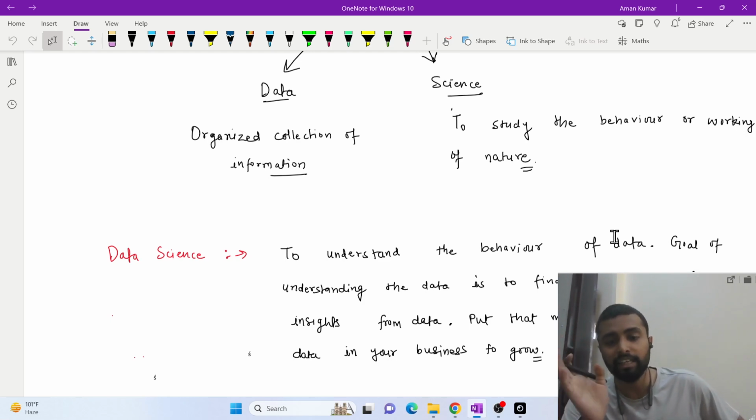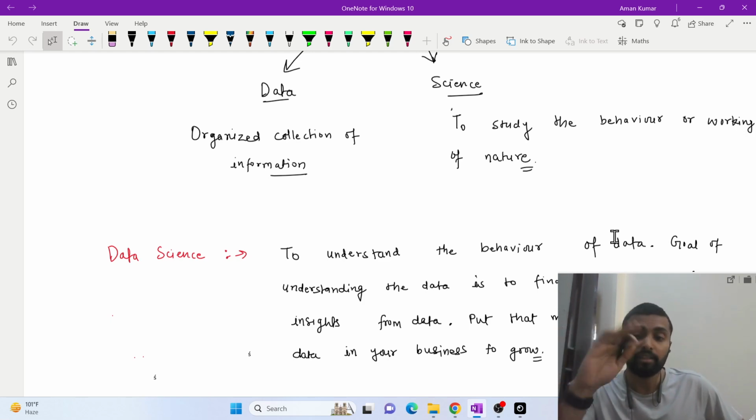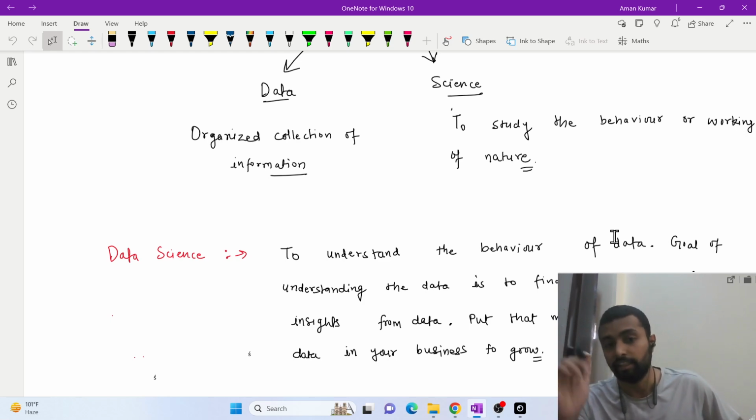When science gets added with another name, it means we are talking about that thing. Here data science means we want to understand the behavior of data. Same as computer science, we want to study the behavior of the computer, how the computer works. That is the meaning of science or data science.